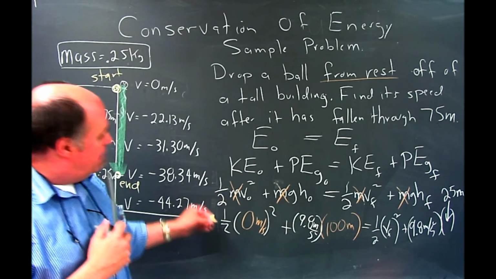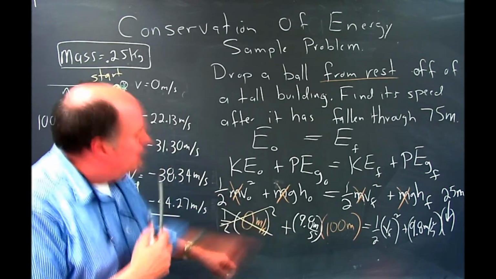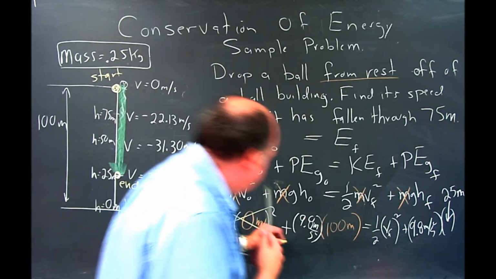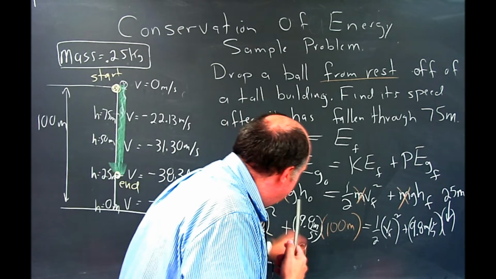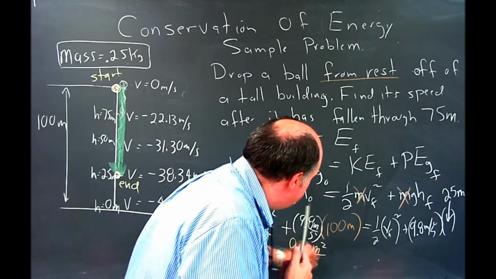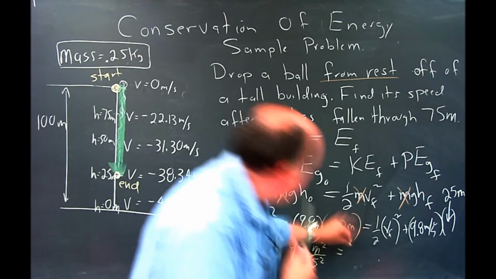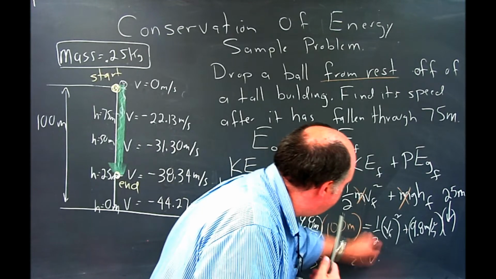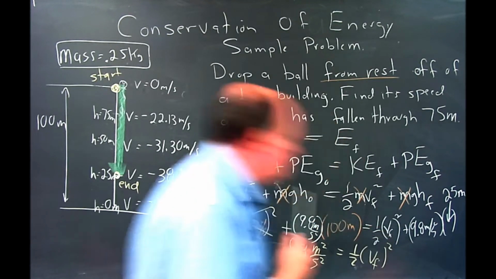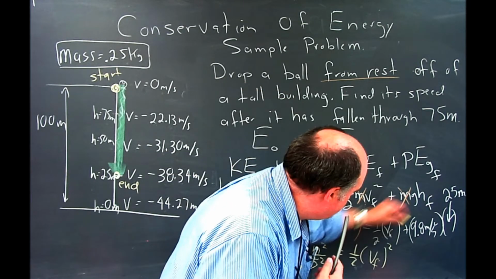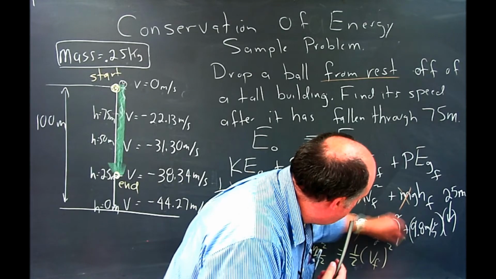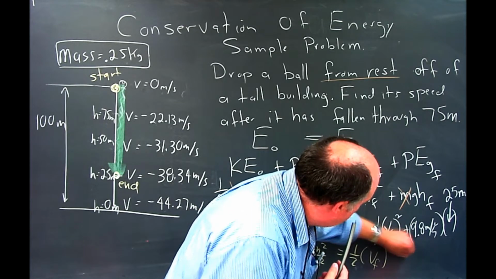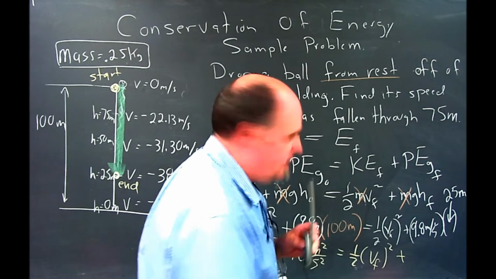So anything times 0 is 0, so this is gone. 9.8 times 100, that comes out to be 980. The units are meters squared over seconds squared, equals 1/2 times V final, which is squared, plus 9.8 times 25.